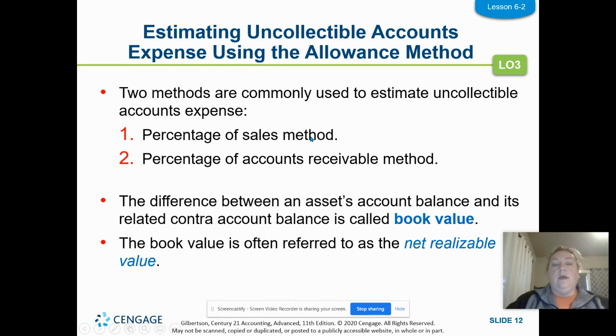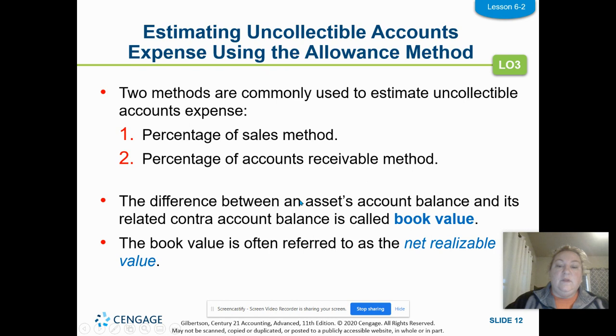So with the sales on account method, we're just going to assume we're not going to get 1% of our sales. They're not going to pay for them. Or we could do it based on our accounts receivable. So we can do it based on our percentage of sales on account, or based on our percentage of accounts receivable.